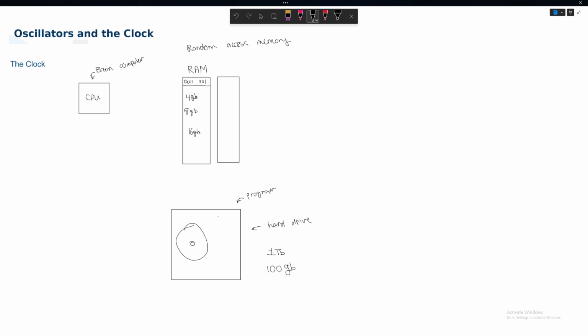If you want to access them, your RAM goes to the hard drive and grabs whatever it needs. Let's say your game is 50 gigabytes. In order to run the game, you don't actually need all 50 gigabytes. It depends what you're doing in the game. So your RAM will grab whatever memory it needs, like 16 gigabytes, and store it here. This is fast memory.